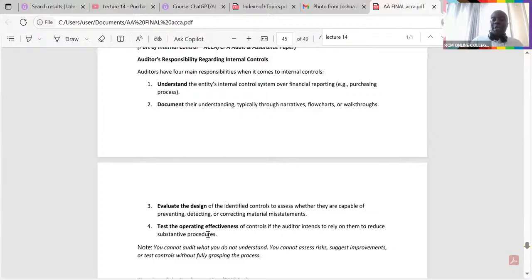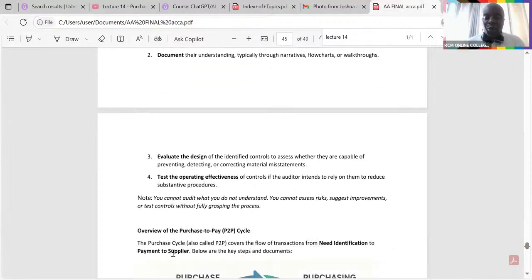You test the operating effectiveness of controls if the auditor intends to rely on them to reduce substantive procedures. Note, you cannot audit what you don't understand. You cannot assess risks, improvements, or test controls without fully grasping the process. Always remember these 4 steps pertaining to internal control systems.